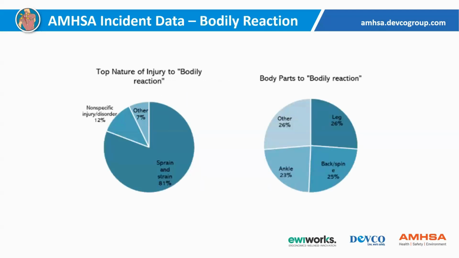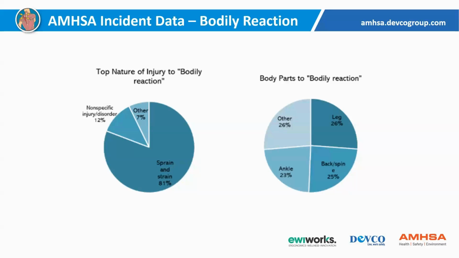If we look at data associated with bodily reaction, again, as I had suggested in the previous slide, the majority of those are sprains and strains, almost 80%. And you can see here the spread of injuries across different body parts.